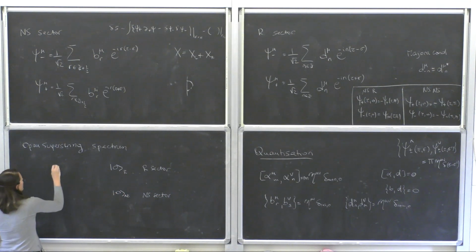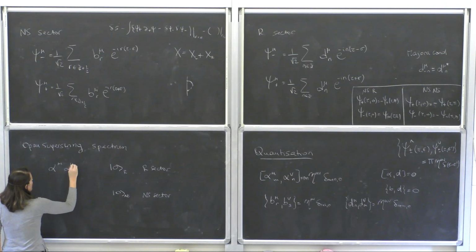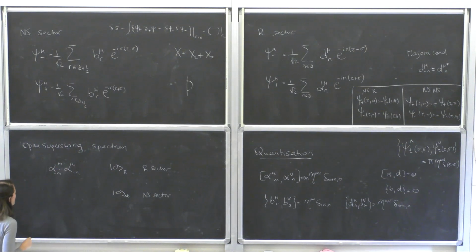And then we act with alpha_{-n_1}^{mu_1} up to alpha_{-n_i}^{mu_i}.